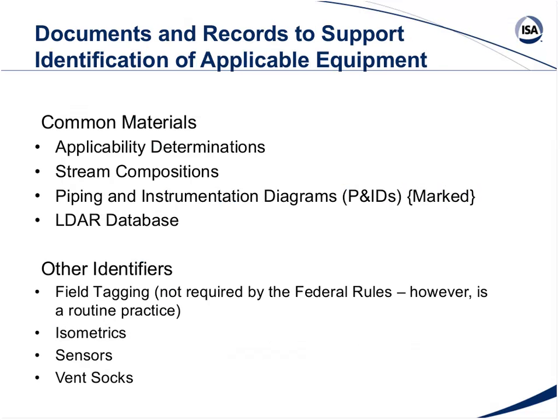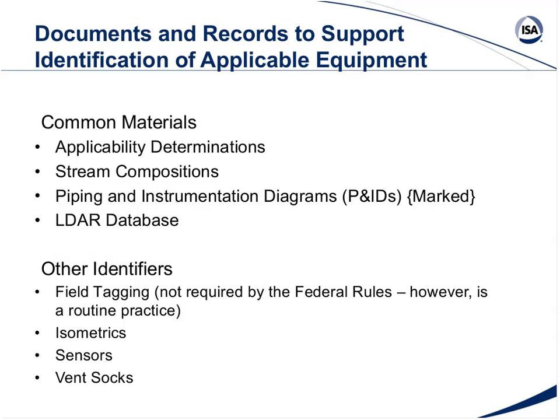So, common materials that you want to have to support your program. You want to have all your applicability determinations. Is this particular component in or out? If I'm doing skip monitoring, have I got all the appropriate records to document that applicability? I've got to look at my stream compositions.